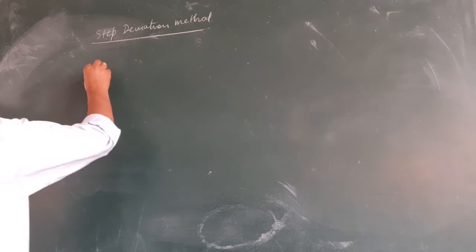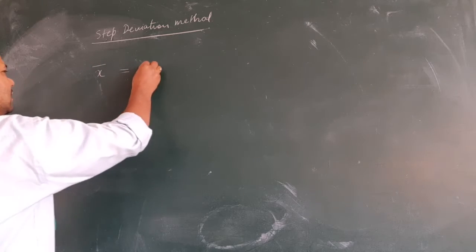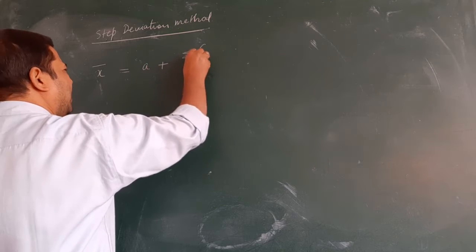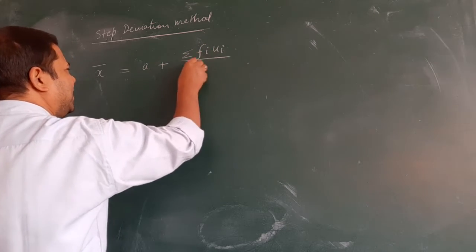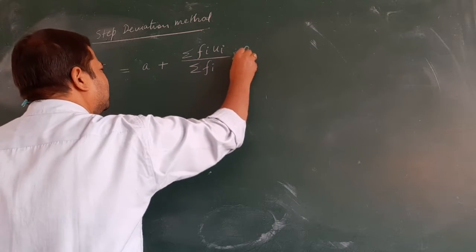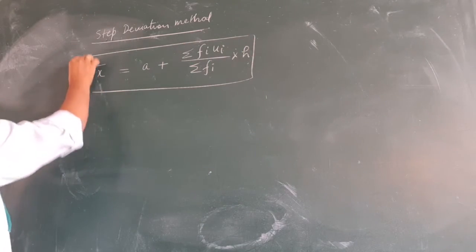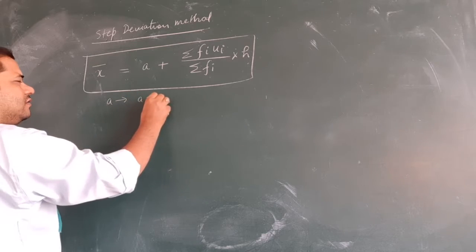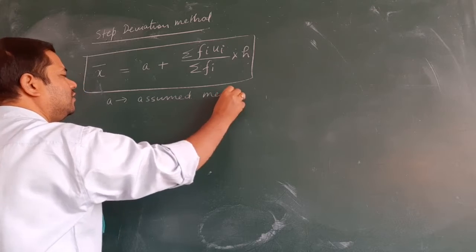In this method, the mean x bar is nothing but a plus sigma of fi ui divided by sigma of fi, into h, where a is again the assumed mean, the same assumed mean.